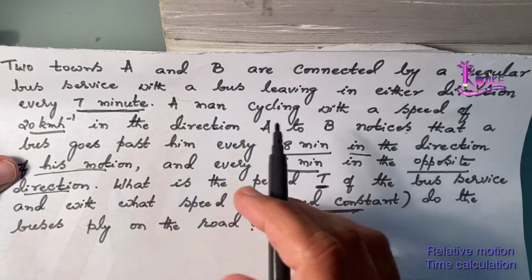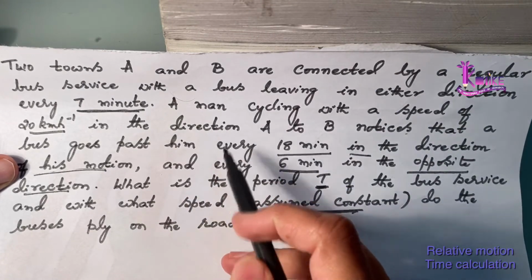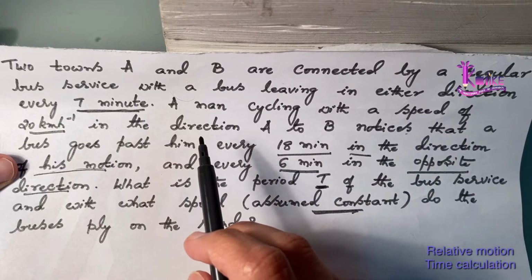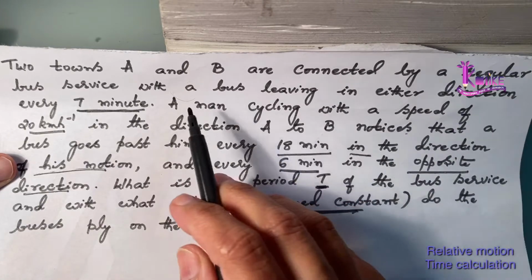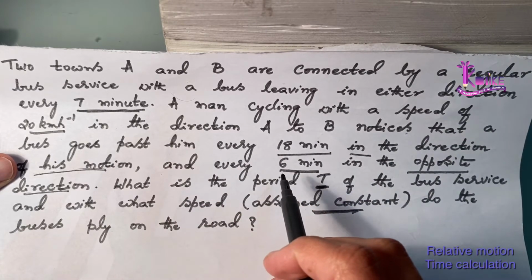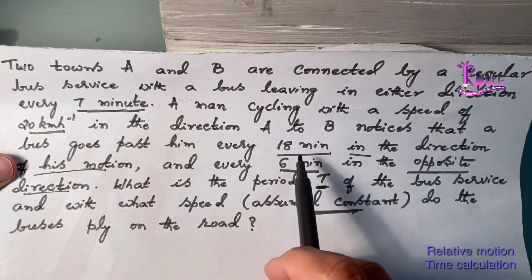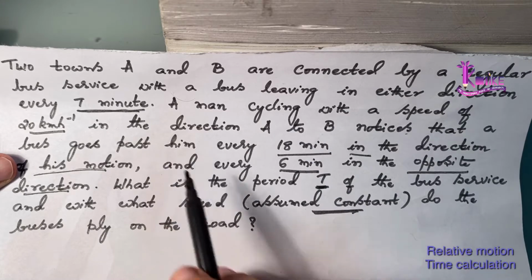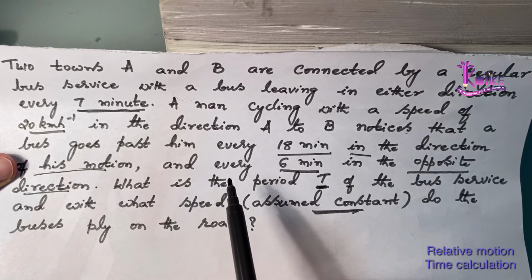So what is the first thing that should come to your mind when you read this problem? You should make a note that all the frames of reference here are in motion. For example, the cyclist is in a moving frame, which is a cycle. The buses are also in motion.